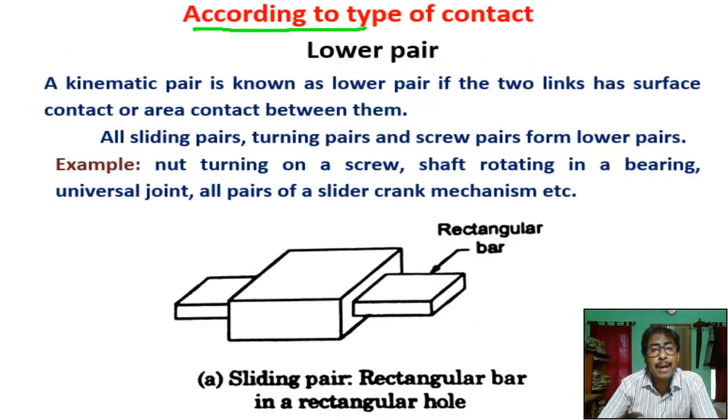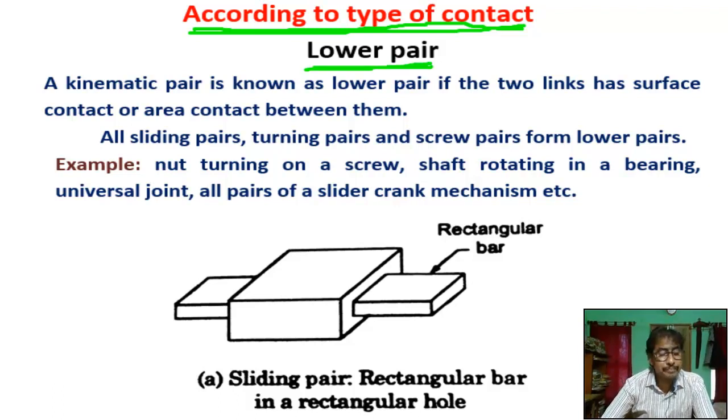Now, according to the type of contact, number 1, lower pair. What is a lower pair?